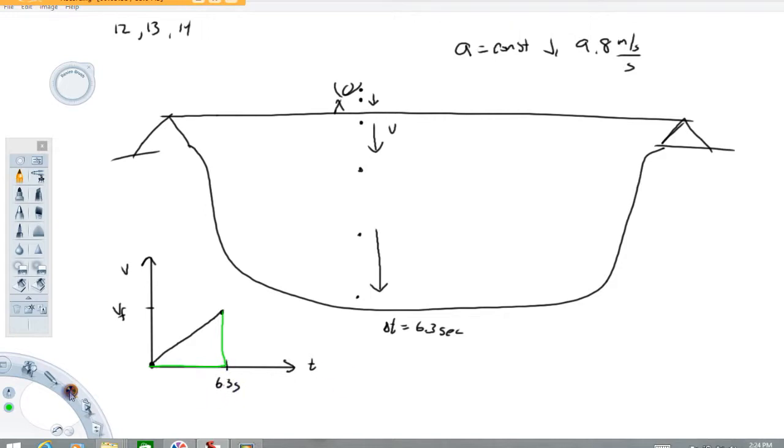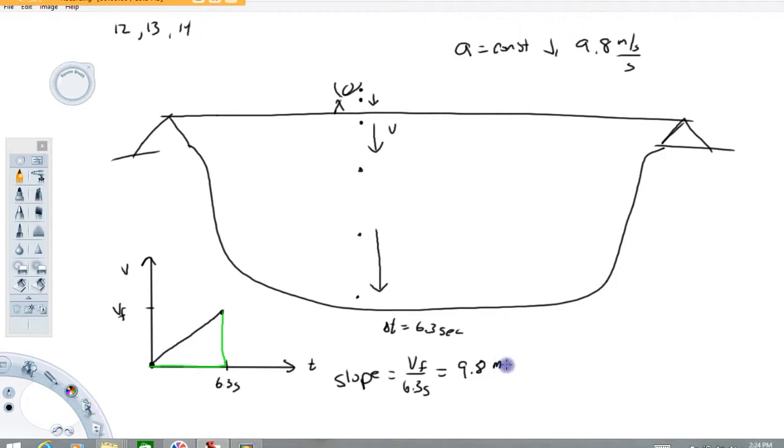So the slope in this example is going to be rise, which is what I'm calling v final, over run, 6.3 seconds. And I know that that slope is the acceleration of the rock, which is 9.8 meters per second per second.